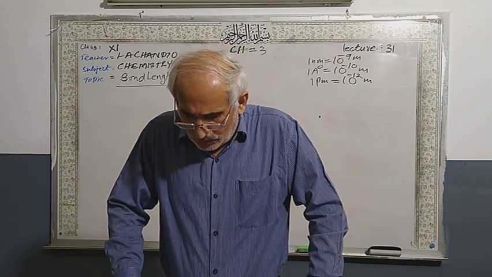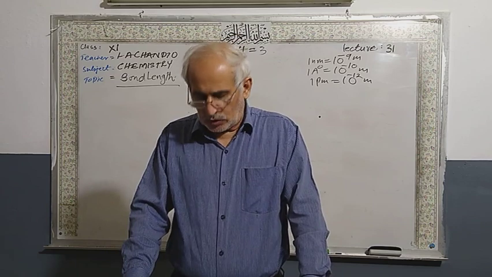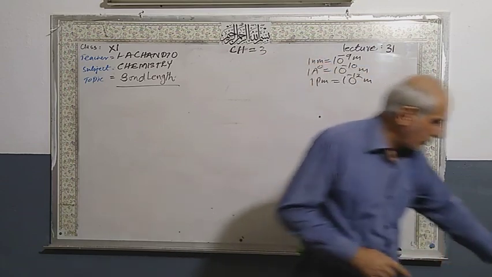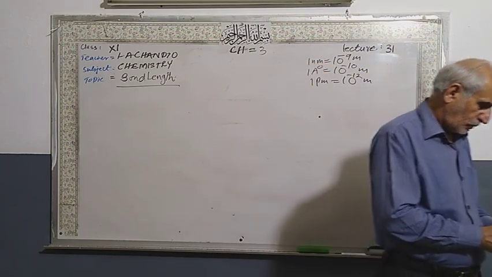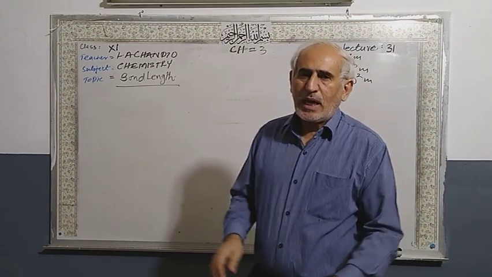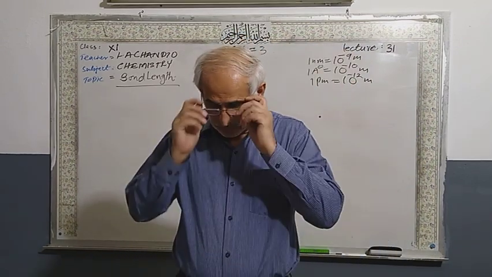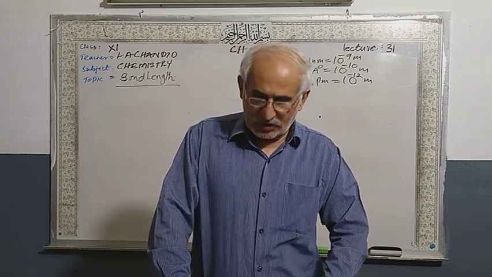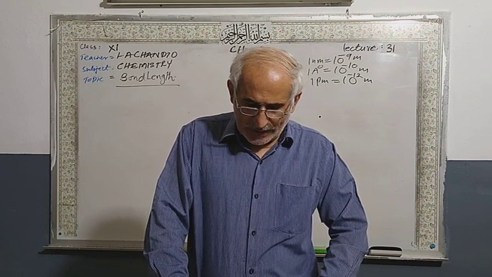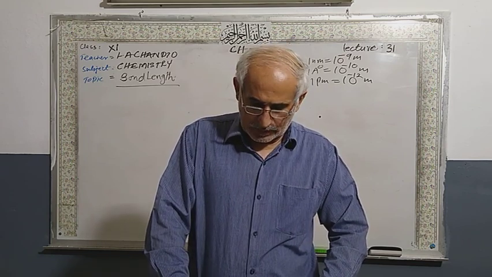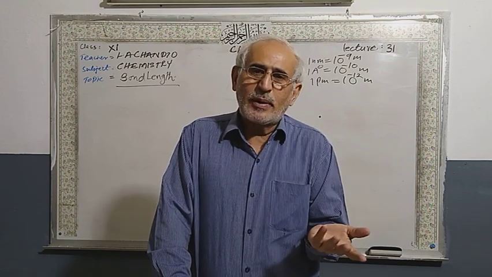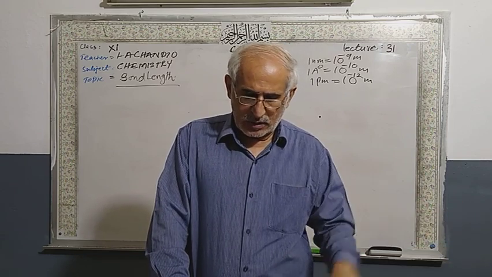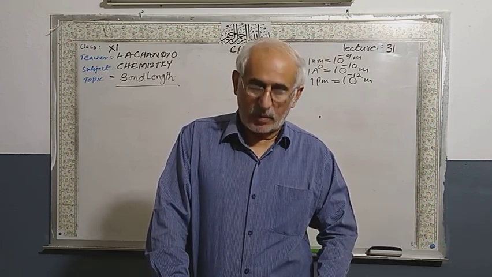So average single bond lengths of some important covalent bonds are given here. This bond length also is affected by hybridization. With sp3 hybridization in methane, the bond length is 1.11 angstrom. With sp2 hybridization in ethene, the bond length decreases a little, 1.10, because there is 1 pi bond and 1 sigma bond.